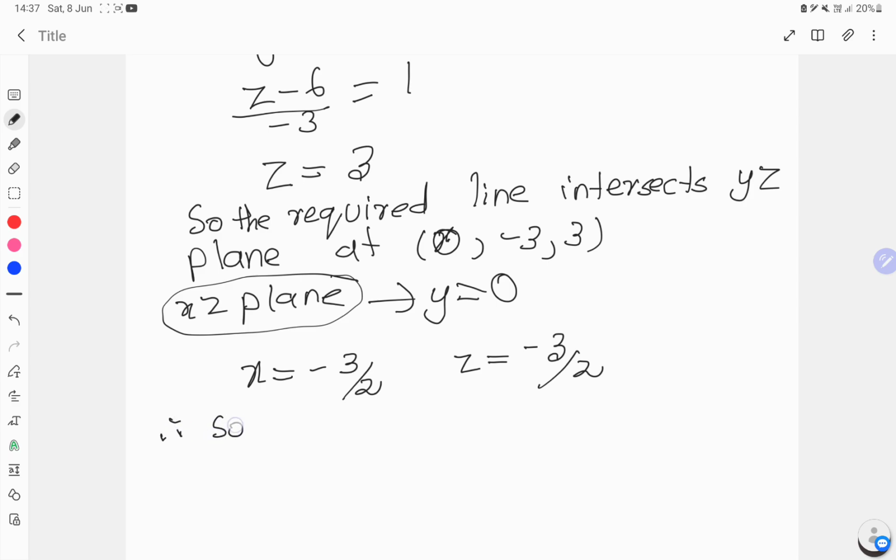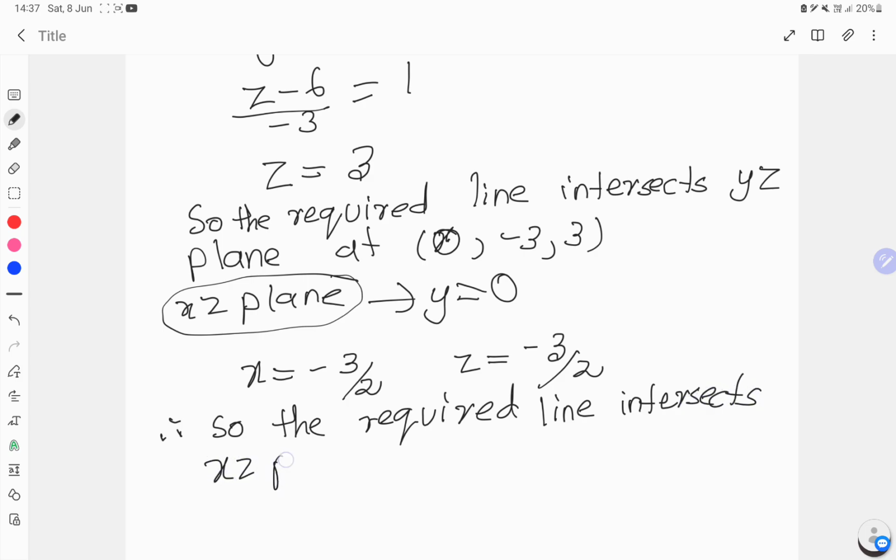So the required line intersects the XZ plane at minus 3 over 2, 0, minus 3 over 2.